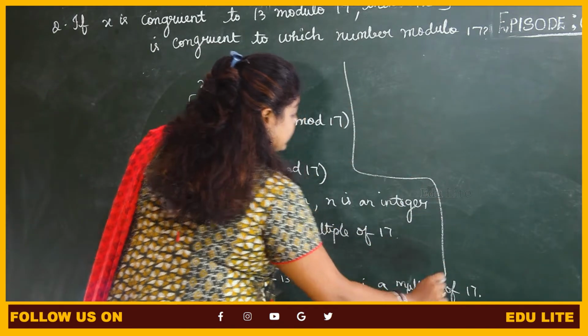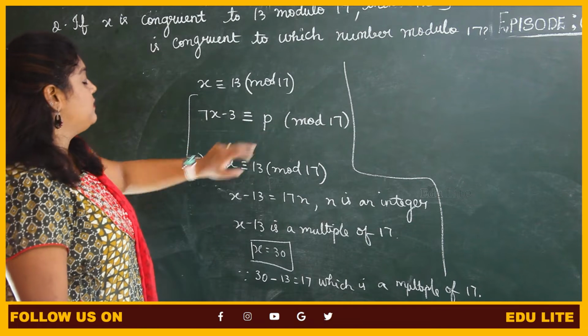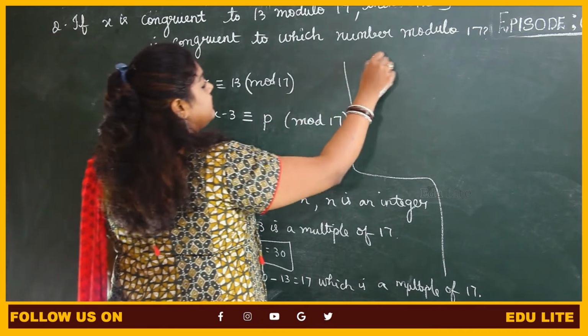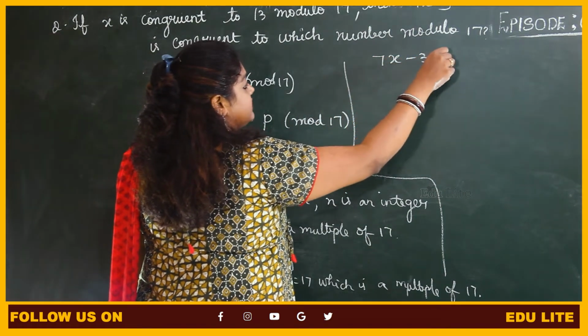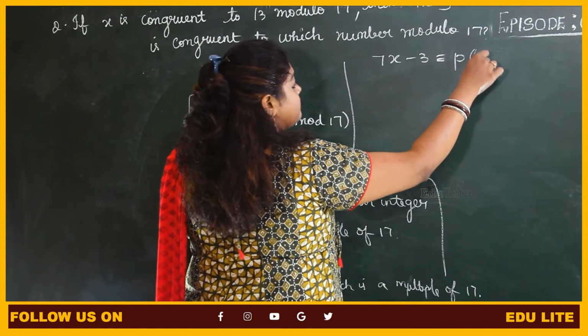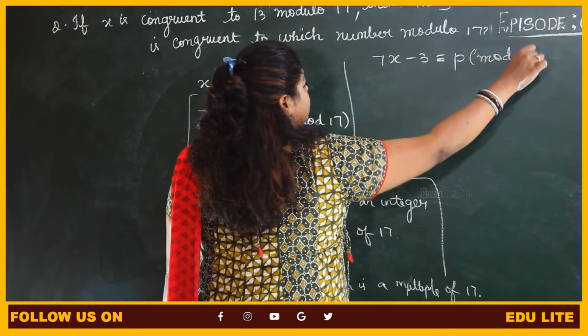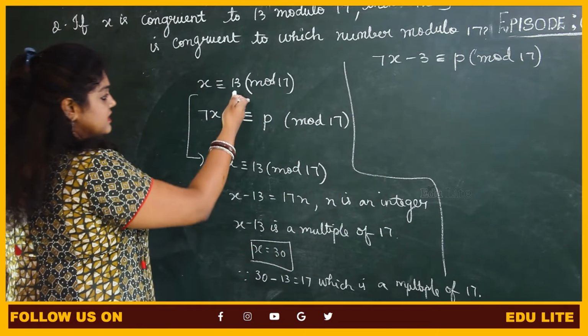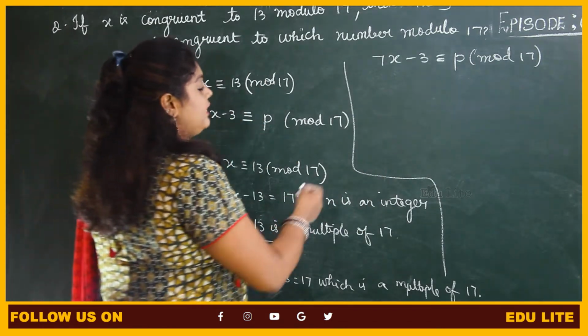So, keeping x as 30, let us find this p value. Now, using the second relation, 7x minus 3 is congruent to p mod 17. We found the value of x using the first relation. Let us substitute the value of x in this.